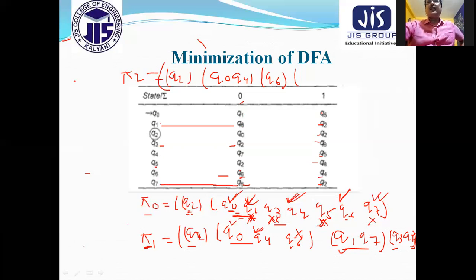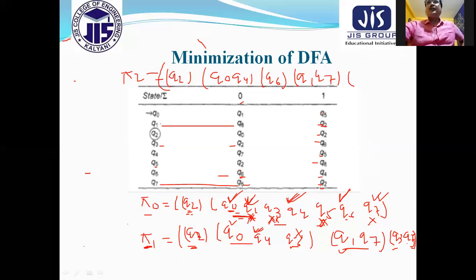So both are equivalent. Q6, Q6, I can say both are in the same set. Now for the input it is Q2 and it is Q2. Again it is the same set, so it is not getting any problem. So I can write Q1, Q7 as it is.